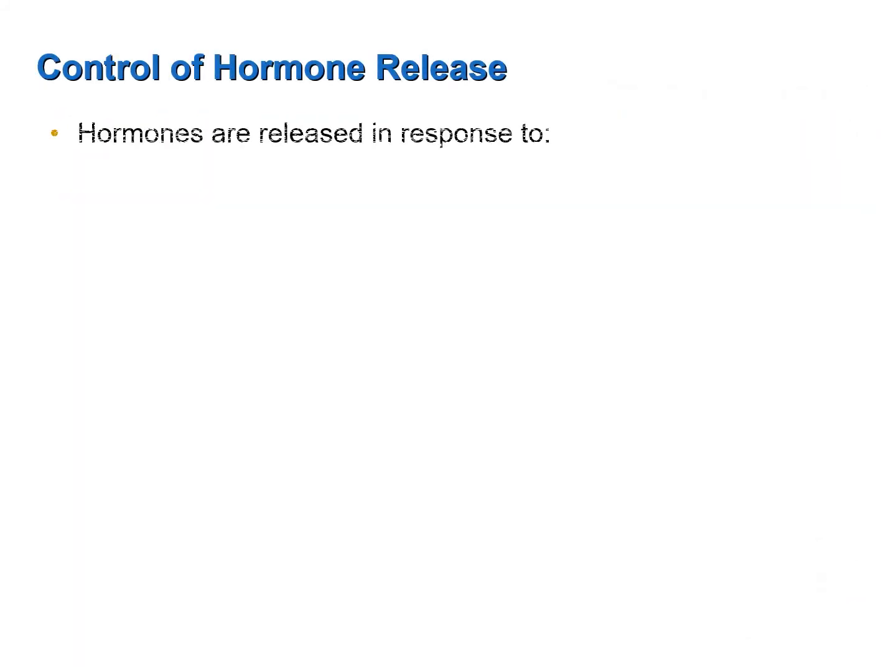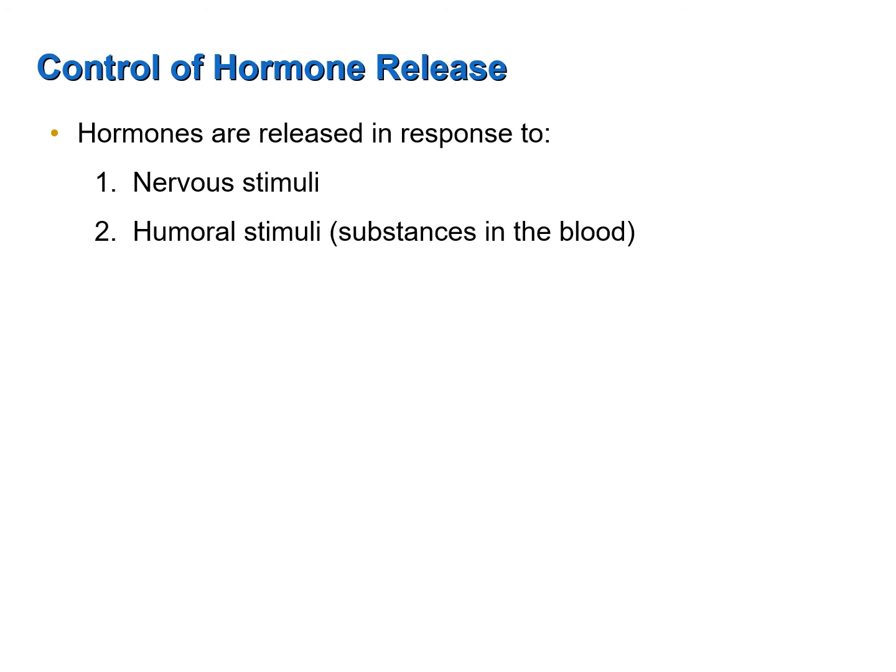So in summary, hormones are released in response to one or more of these three types of stimuli. Nervous stimuli, where neurons stimulate cells to release hormones. Humoral stimuli, where some change in blood levels of some substance stimulates cells to release hormones.